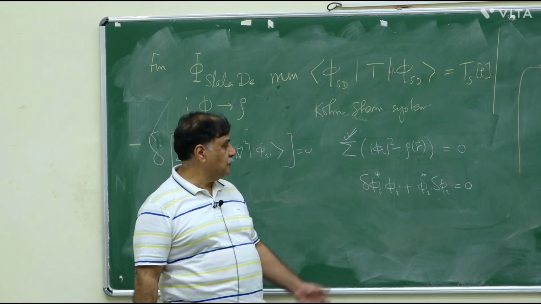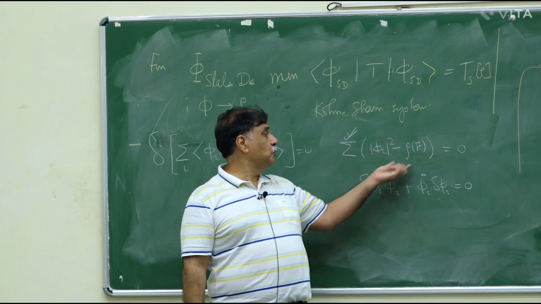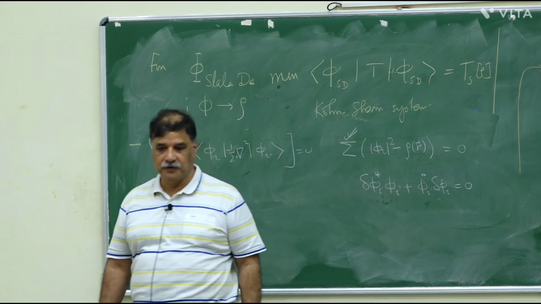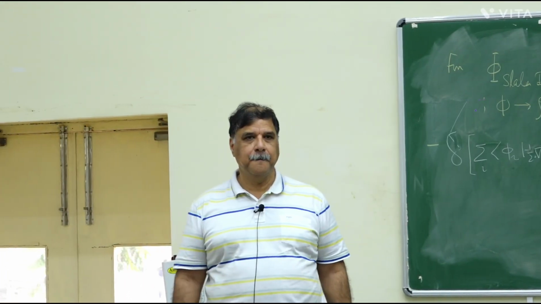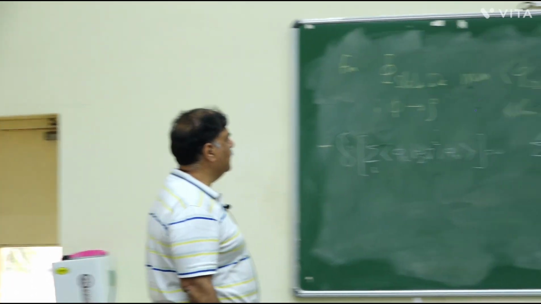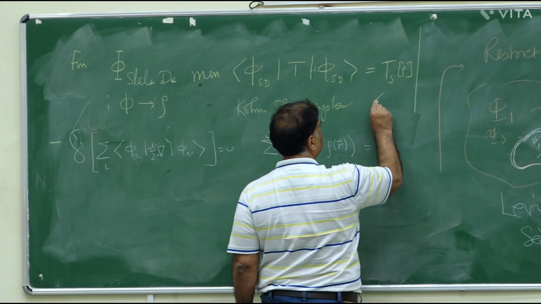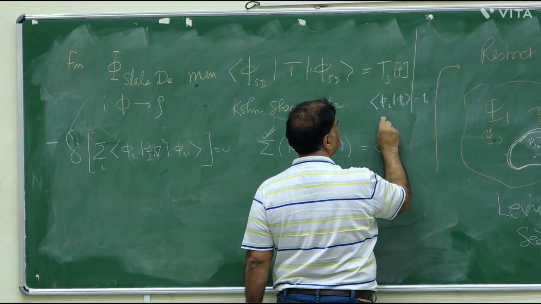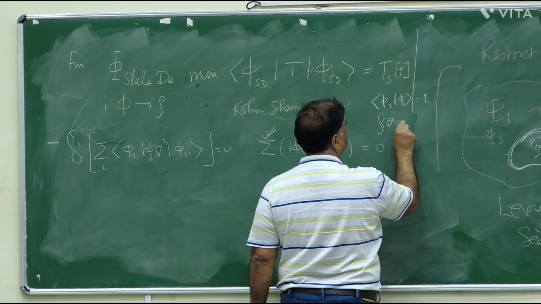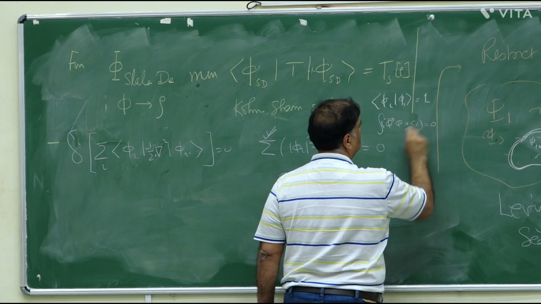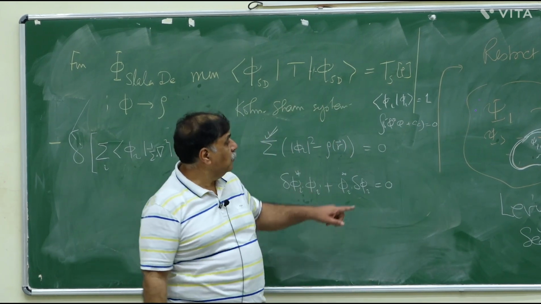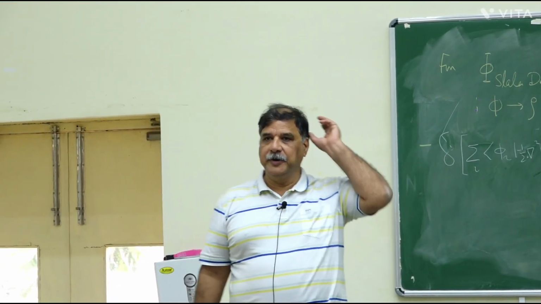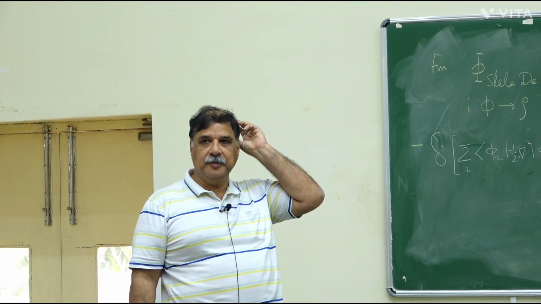Notice when we do the normalization, it's the integral, but I want this to be 0 at each point, so this variation itself will be 0. Is that point clear? When you say normalization, when you say the norm of phi i is 1, then it is the integral of delta phi i star phi i plus complex conjugate, which is 0. But I'm doing more than that. I want at each point there should be no variation, because I want orbitals to be such that even if I'm varying them, the density remains the same.